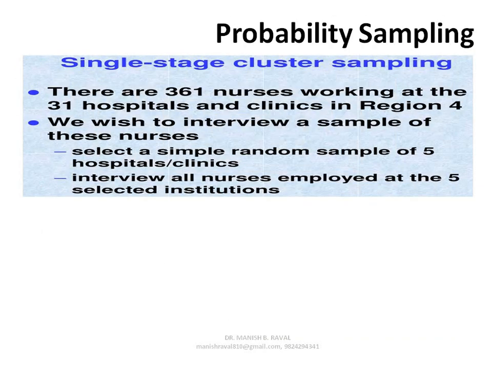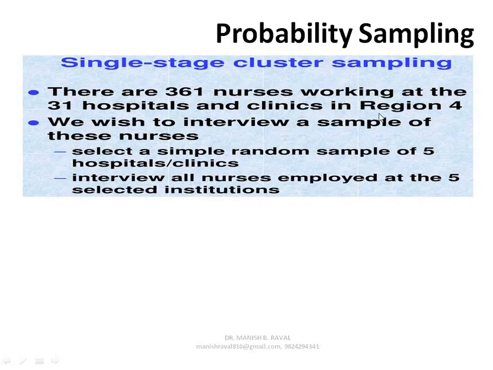The first one, as I said, is single stage cluster sampling. The name itself is very much suggestive. Single stage cluster sampling means we will prepare the clusters in one stage only, and out of that one stage we will find the sample. For example, there are 361 nurses working at 31 hospitals and clinics in region 4.